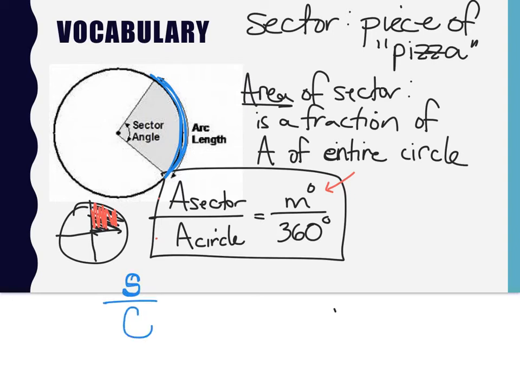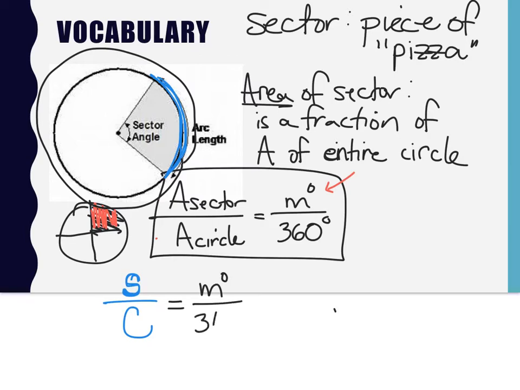S over C, where C is the circumference, is the fraction, because think about it, that little blue section is a fraction of all the way around the circle, all the way around the circumference. So the fraction of S out of the entire circumference will match up with however many degrees out of 360 degrees that you're using.